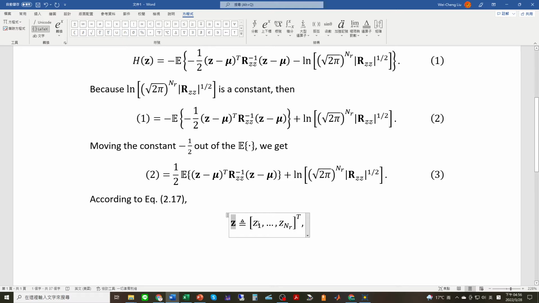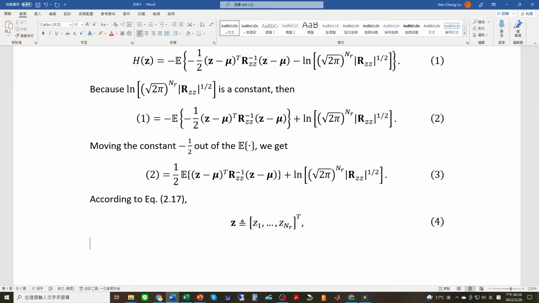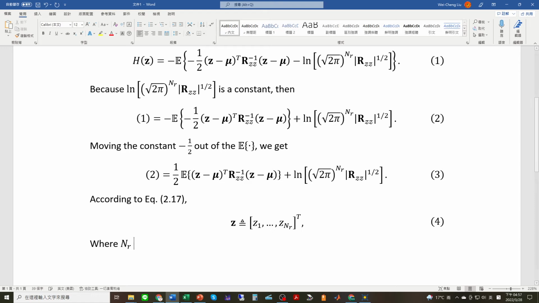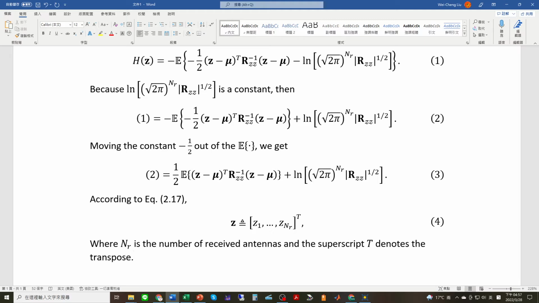Z is defined as Z1 to ZNR transpose, where nR is the number of received antennas, and the superscript T denotes the transpose. Oh, sorry, this should be small w.